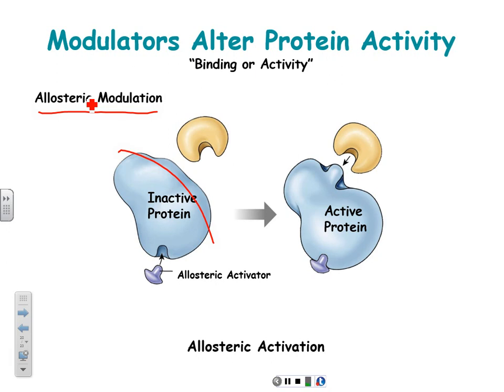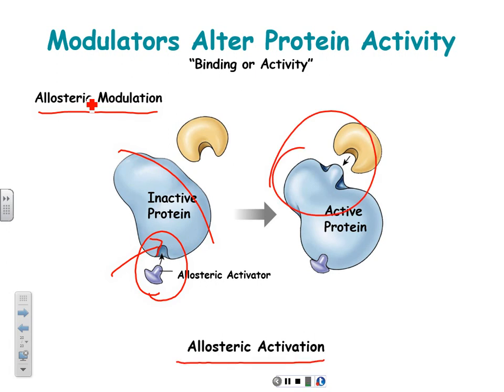But if you add the allosteric activator, I get the formation of an active site. That's known as allosteric activation. Activation of the protein away from the active site. Allosteric modulation. This will activate it.